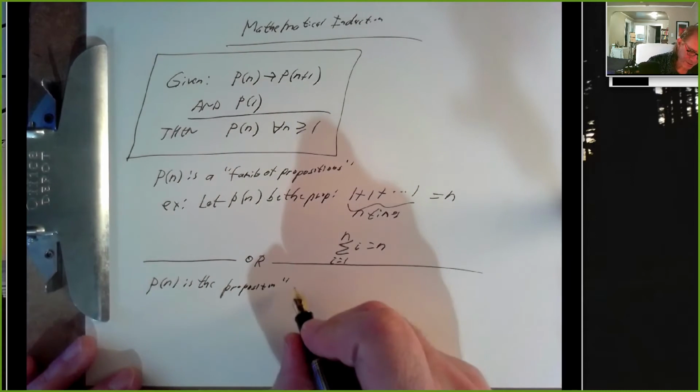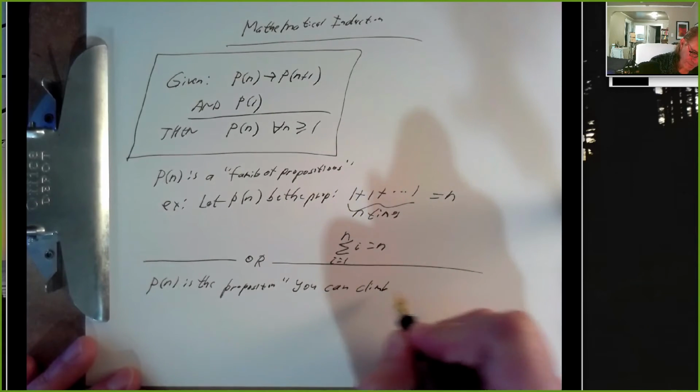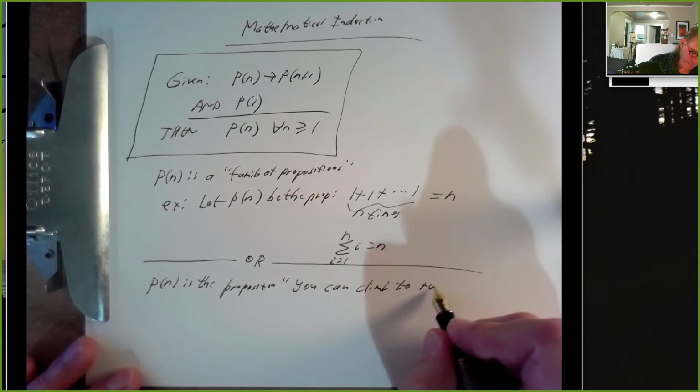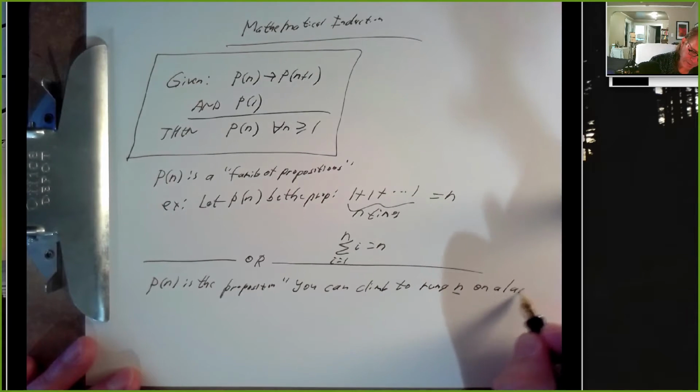So P(n) is the proposition you can climb to rung n on a ladder.